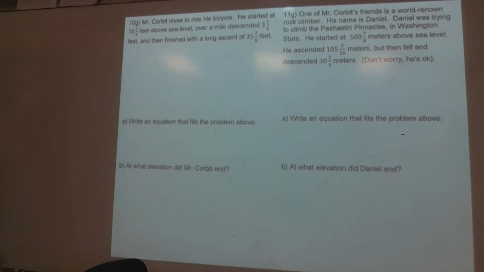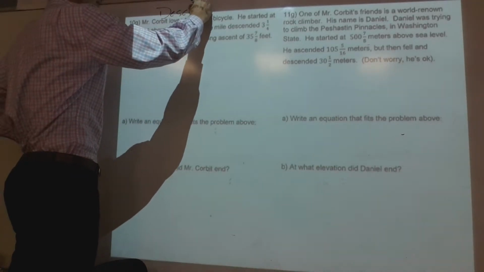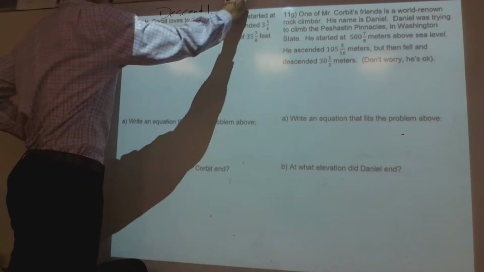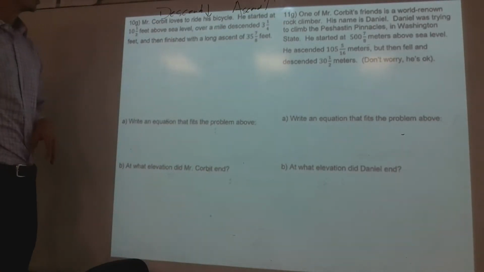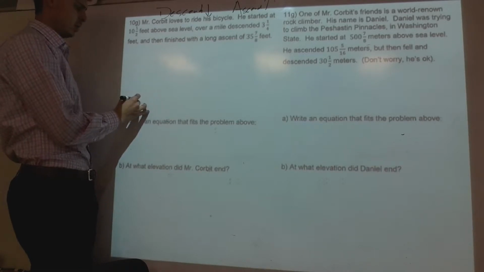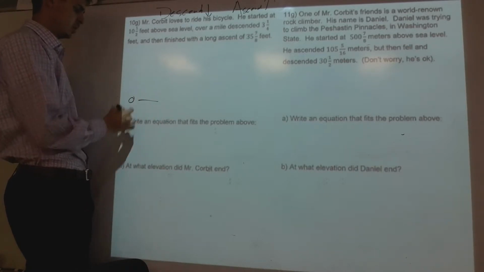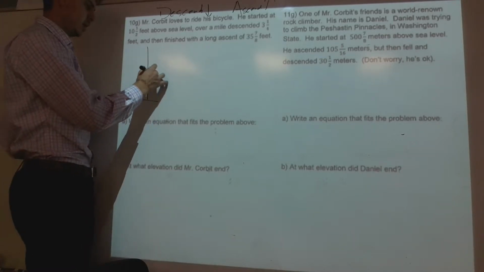So remember that descending is down. Descend goes down. Ascend, you go up. So Mr. Corbett, let's draw a slight picture here. So we know that here's sea level. Here's a number line. I start here.